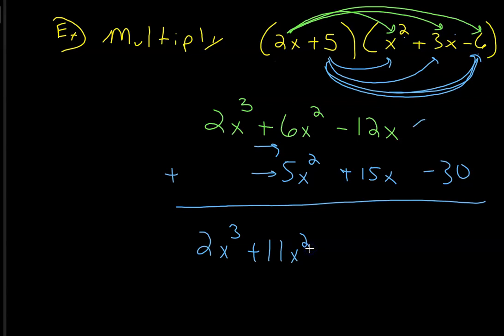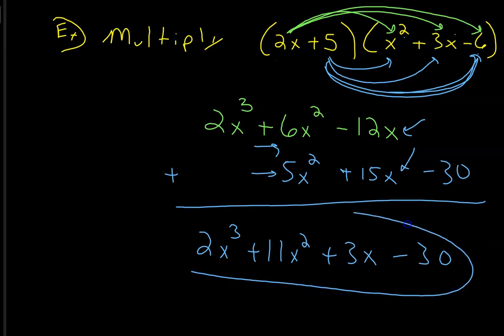And then these two add up to be 3x. And that negative 30 has nothing to add up with. So our final answer, when you add those, should be this: 2x to the third plus 11x squared plus 3x subtract 30. All right, so that's a binomial times a trinomial.